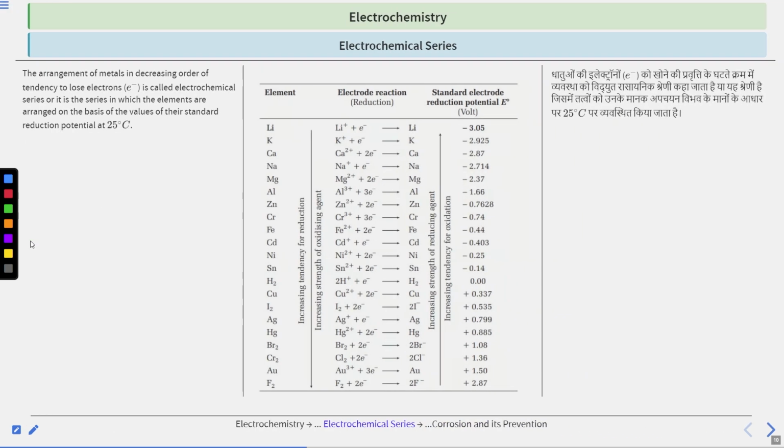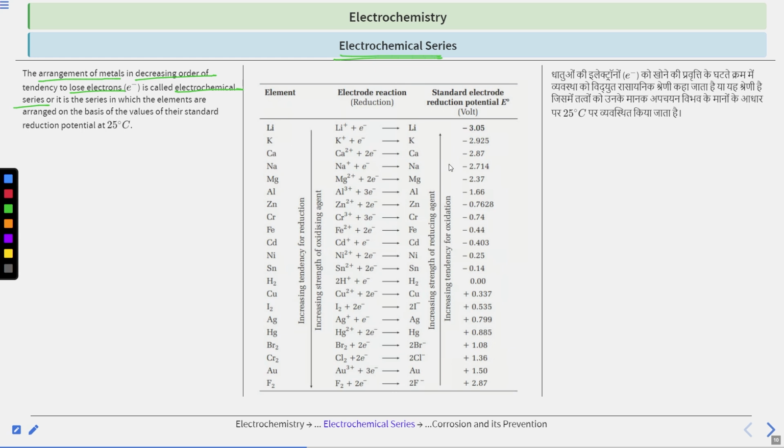Now let's see the electrochemical series. It is a list, or you can say the arrangement, of metals in decreasing order of tendency to lose electrons. You can see in this diagram that metals are arranged, and this is the increasing tendency for reduction.